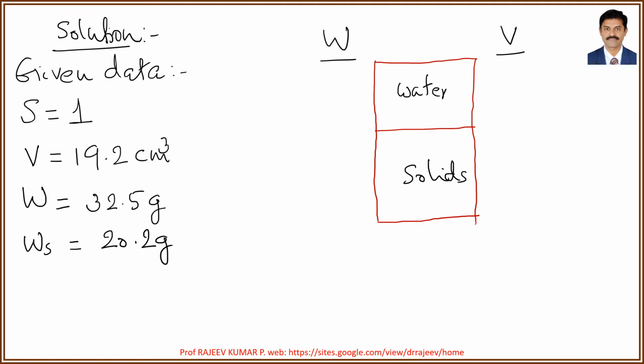Okay, so weight of water, is it already given in the question? Let us check whether it is given in the question. It is an unknown actually. But weight of soil solids given here as 20.2 gram, and weight of water to be determined.